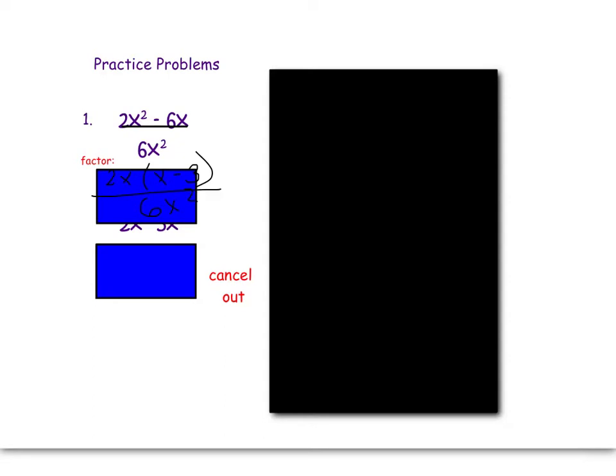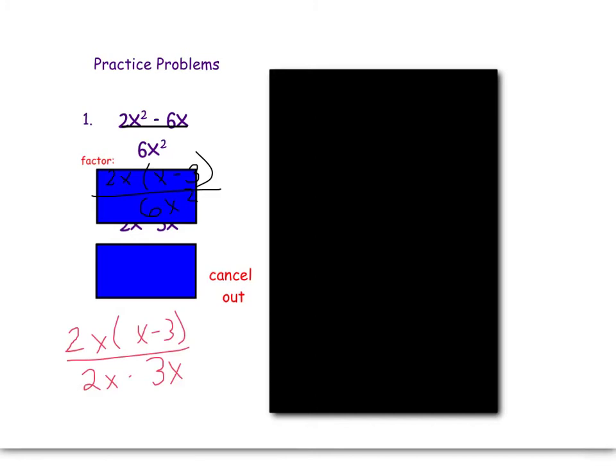Now, if I want to divide up this 6x squared, I certainly can. 6x squared is the same as 2x times 3x. I pulled out the 2x just to make it a little bit easier to see that 2x can be divided by a 2x.